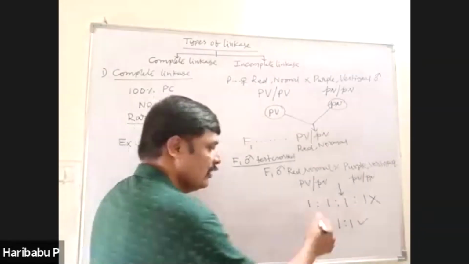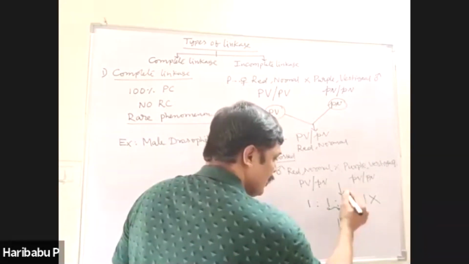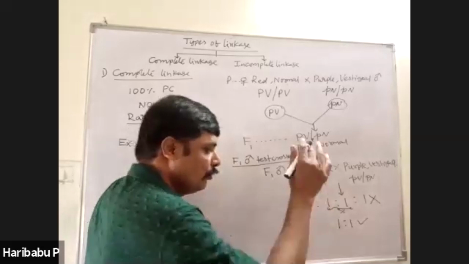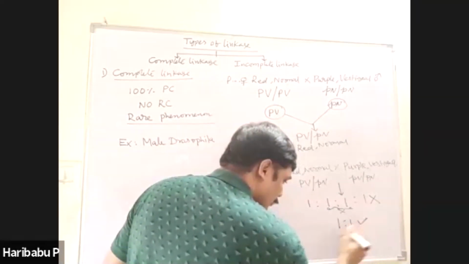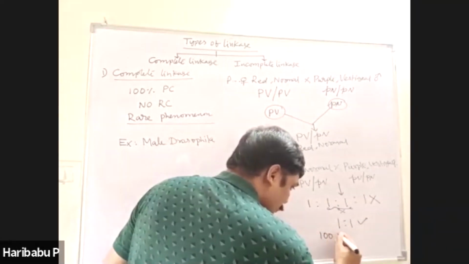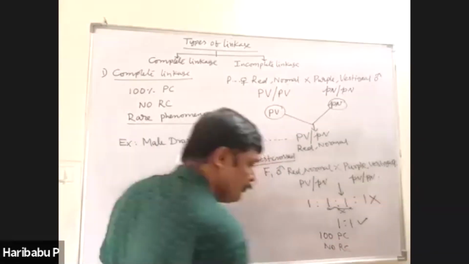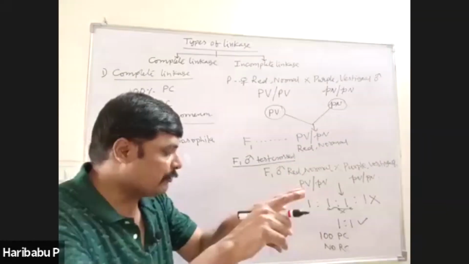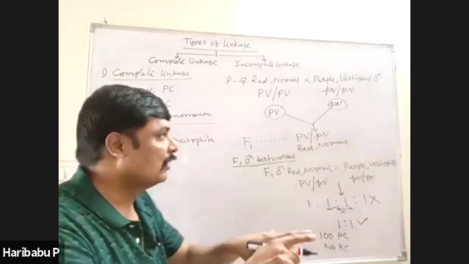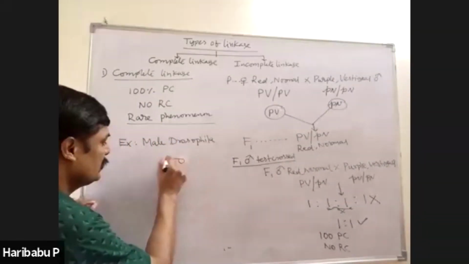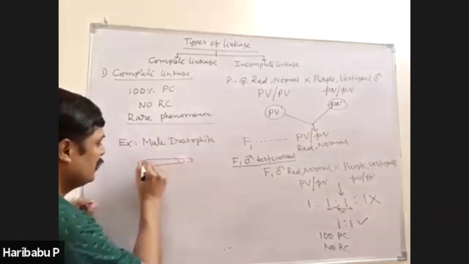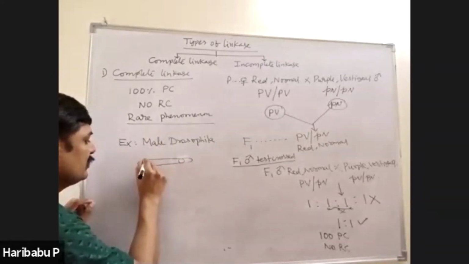That means recombinations are not produced. Only parental combinations, 100% parental combinations and no recombinations, means the genes are closely placed on the same chromosome like this. This is the chromosome. The genes are closely placed like this.